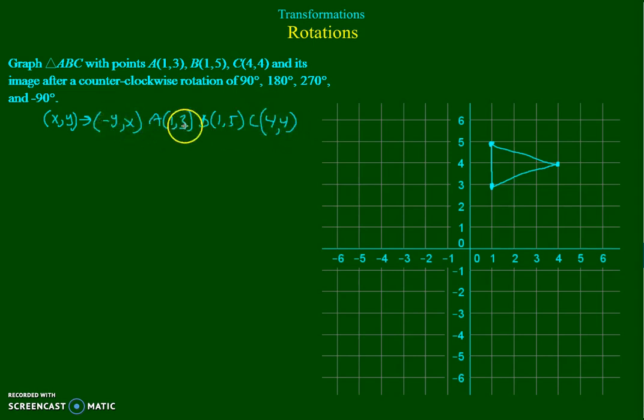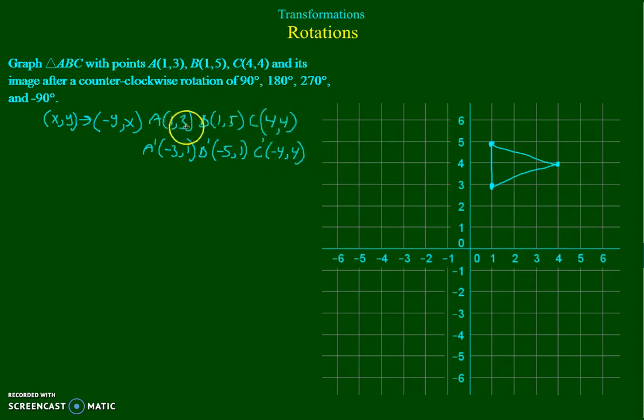Applying this rule, it's negative y, x. So A prime is negative 3, 1. B prime is negative 5, 1, and C prime is negative 4, 4.